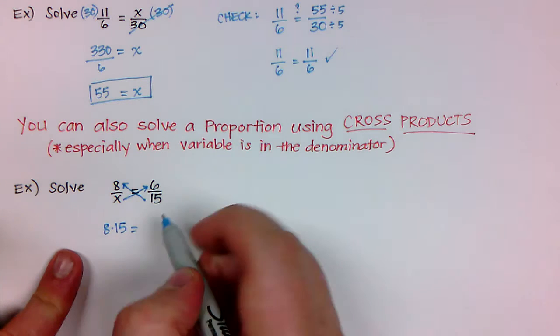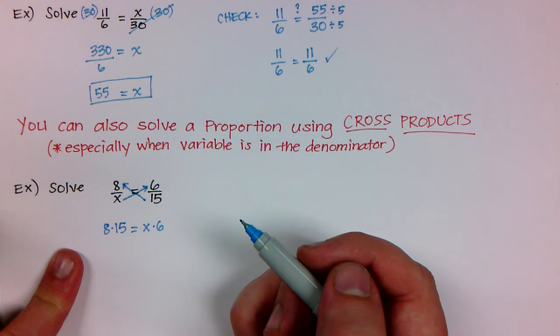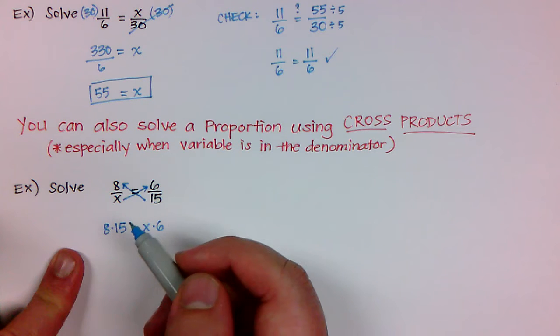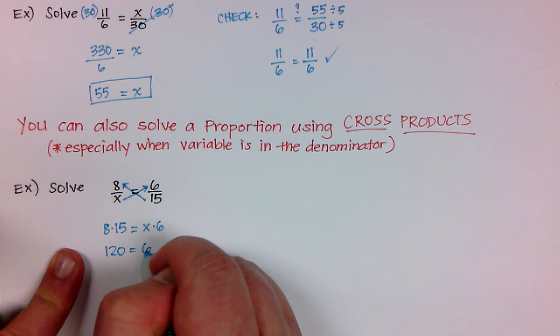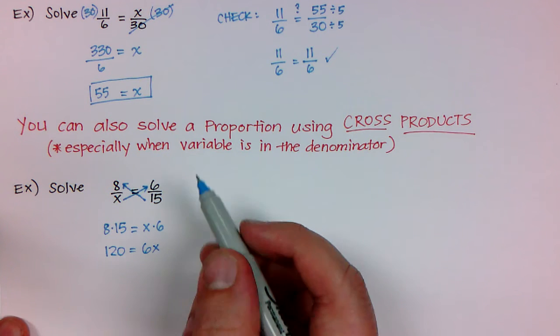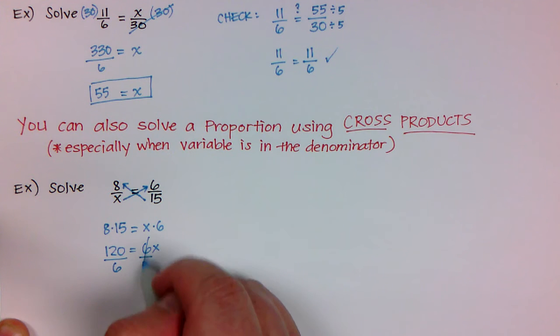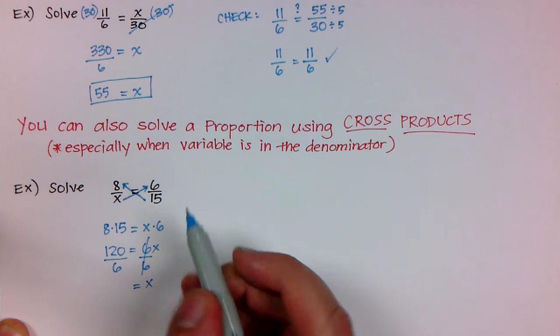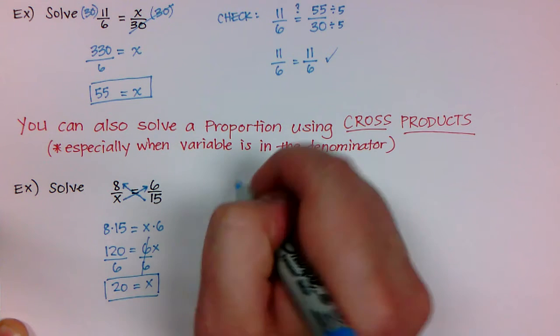And on the right-hand side, I'm going to multiply x times 6. Okay, so let's rewrite this. 8 times 15, that's 120, is equal to 6x. I'm just going to reverse the order there. One more step, divide both sides by 6. And x, we find, is equal to 20. Let's check our work real fast again.